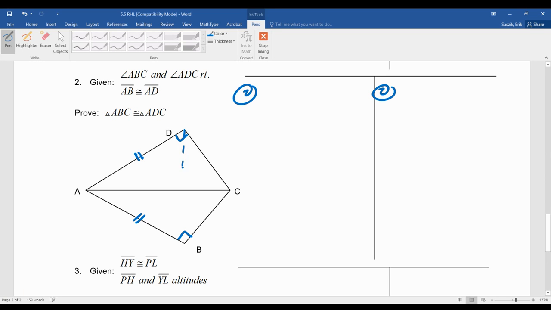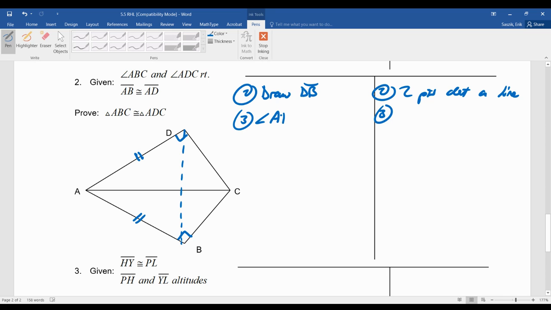Check this out. Draw DB. Two points determine a line. Hey, look at that. Turn it sideways if it helps you see it. Remember, we just created an isosceles triangle.